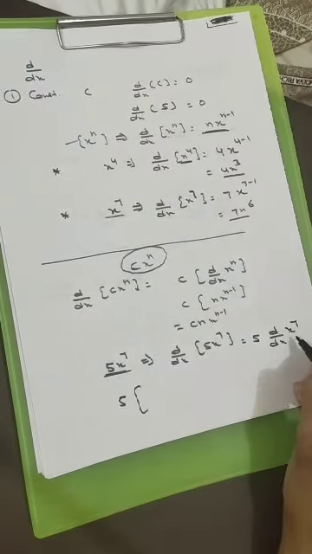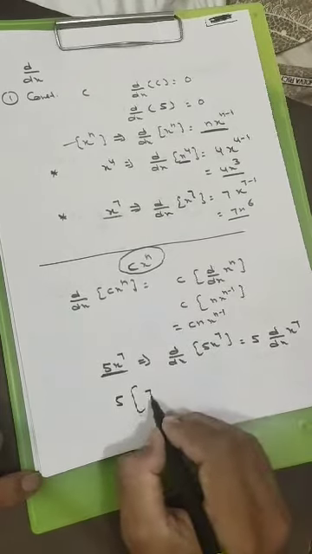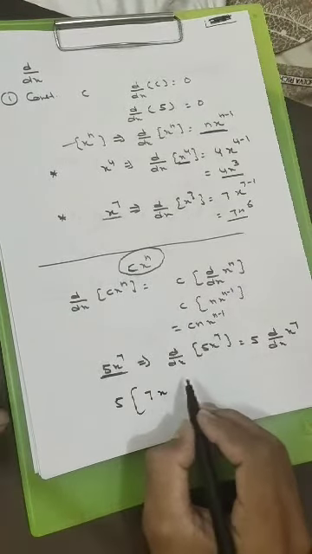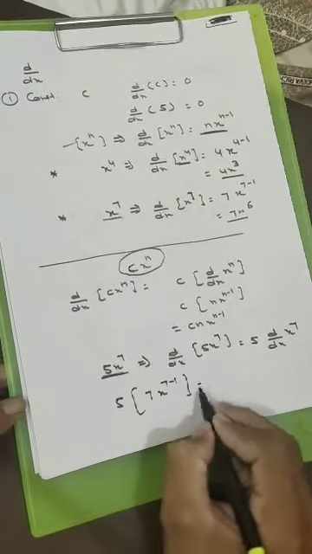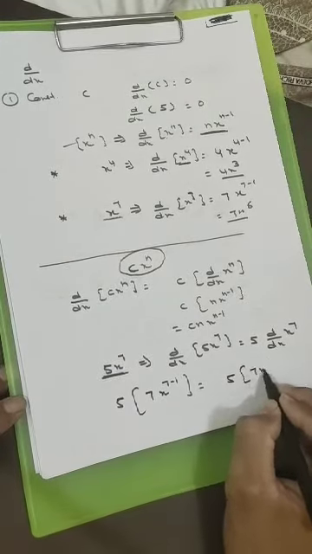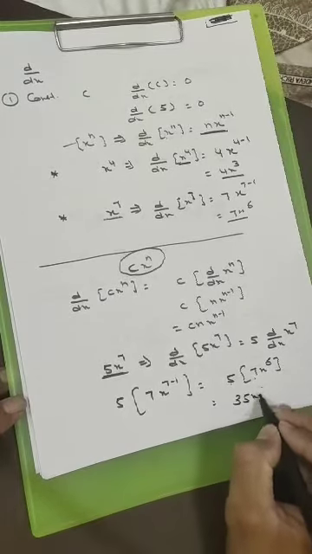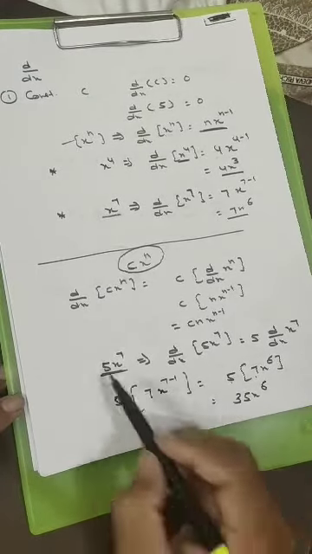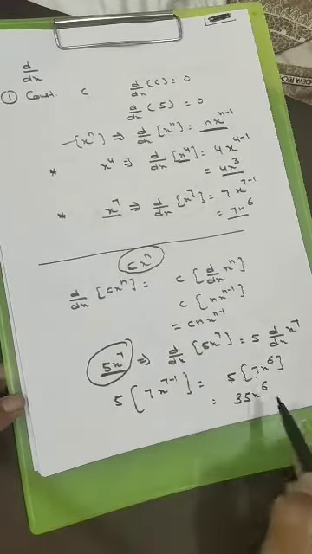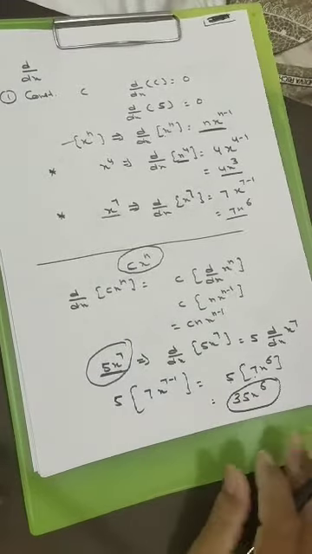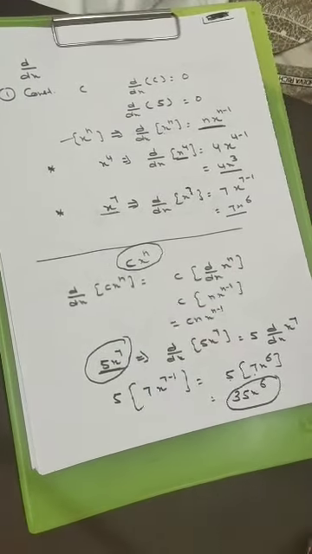And what will be the differentiation of x raised to power 7? Bring 7 here, subtract 1 from the power, 7 minus 1. 5 into 7, 35 x raised to power 6. So differentiation of 5 x raised to power 7 is equal to 35 x raised to power 6. Like that you can do the differentiation.